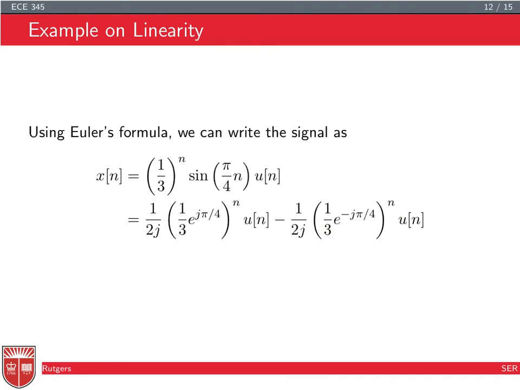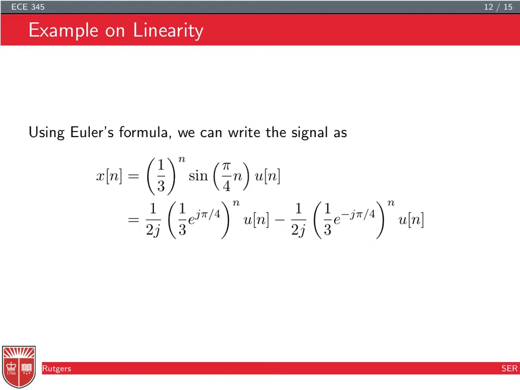Therefore, I can use Euler's formula to rewrite the signal I was given, 1/3 to the power n sine pi over 4n u of n. Again, this is a right-sided signal, actually a causal signal. I want to write it as a sum of signals that I already know how to deal with, a sum of exponentials, using Euler's formula.